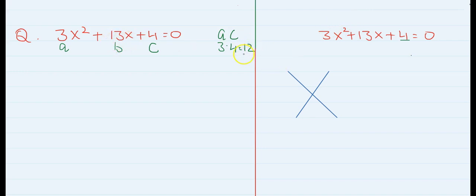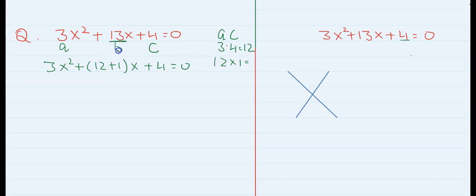And we need 13. So we know that 12 multiplied by 1 is 12 and 12 plus 1 is 13. So instead of 13, we will write 12 plus 1. So our equation will be 3x squared plus (12 plus 1)x plus 4 is equal to 0. I have just changed this 13 to 12 plus 1.